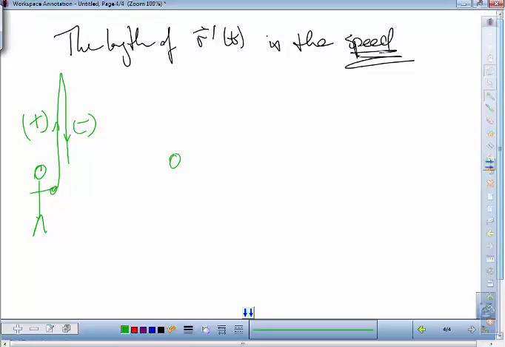I guess I should try to draw you in 3 dimensions. And then you throw this ball, and it turns out that your velocity now is a vector.